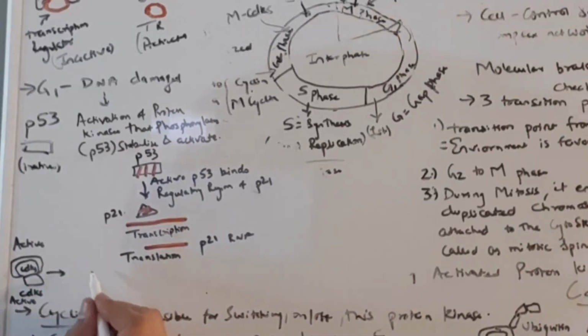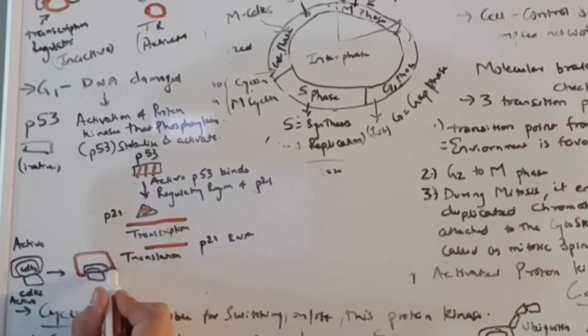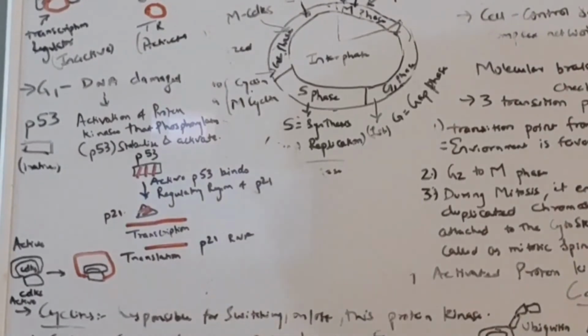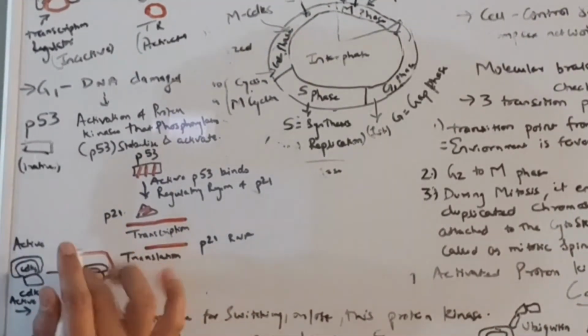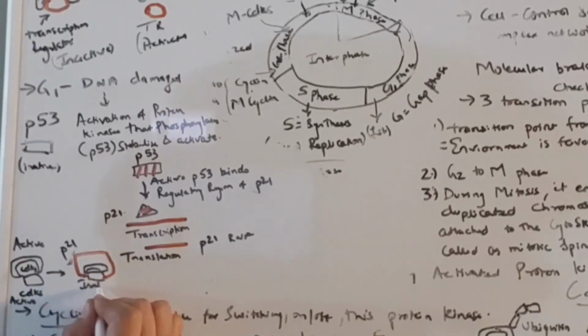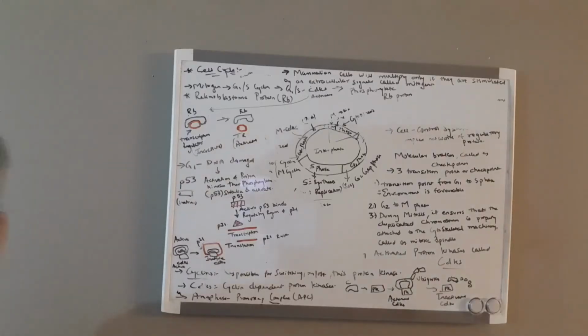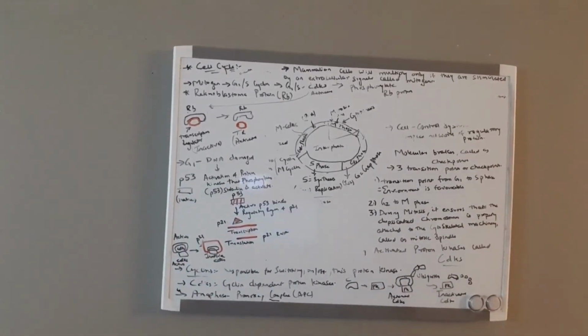So this is our active CDK, and P21 will now attach or hold onto it, like this. So this is our P21, and this is our inactive CDKs. So this is how it inactivates our CDKs, right?